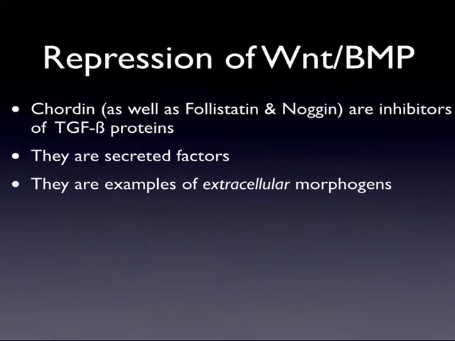So probably the most important one is the one that I had you read a paper about, which is chordin. All right, chordin is the major competitive binder of the BMP molecules, and by competing with the receptors, it reduces or represses the signal.